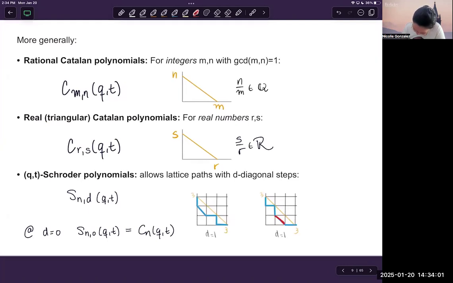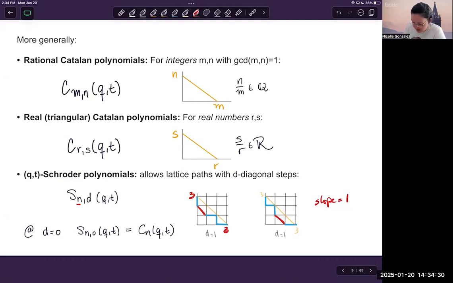So you allow some fixed number of diagonal steps in this path, always bounded above by some line of fixed slope. And when you do this, you end up with another family, which we're going to call the QT Schroeder polynomials. And these are indexed by two numbers, n being, in this case, 3 and 3. So here we are fixing the slope to be 1. We won't need to, and that's in fact a generalization that we consider later on.